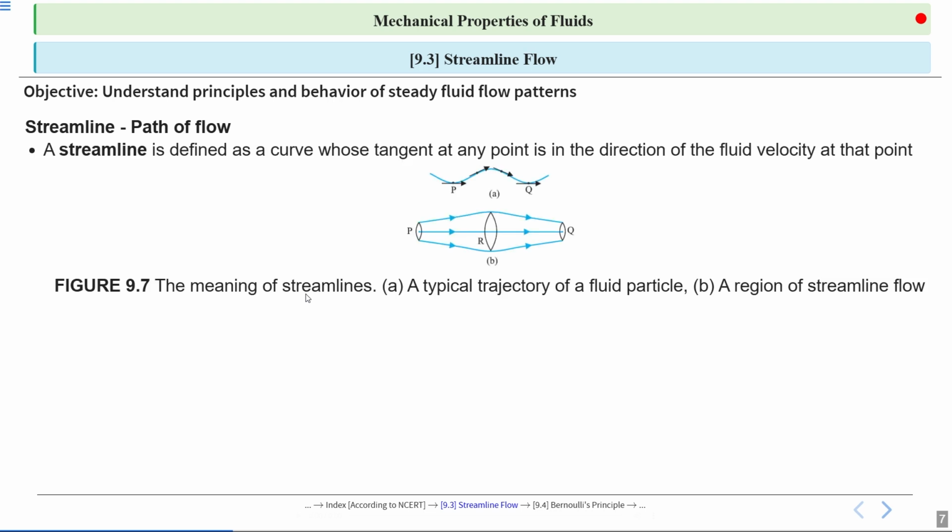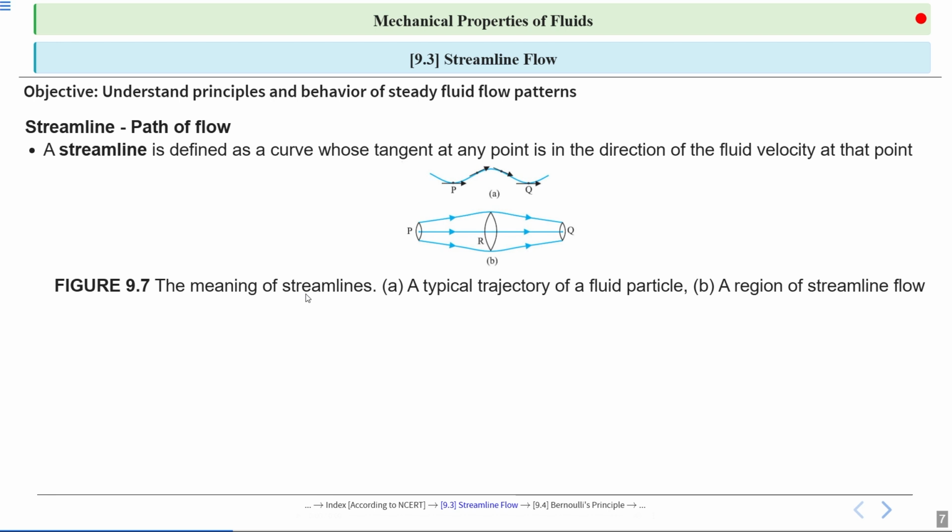So look at the figure here. It shows two things. Figure 9.7a, a typical trajectory of a fluid particle. And 9.7b, a region of streamline flow. The first is the actual path a single fluid particle might take, and the second is a region where many streamlines are drawn to represent the overall flow.